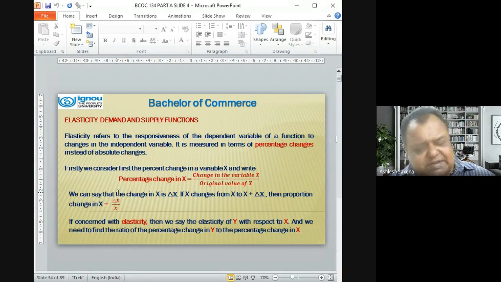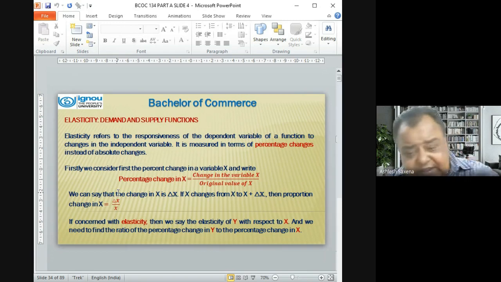Percentage change in x is the change in the variable x upon its original value. Change in x is delta x. If x changes from x to x plus delta x, then its proportional change will be delta x by x.